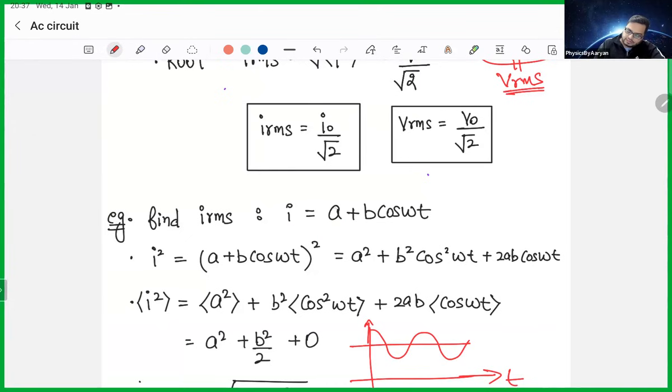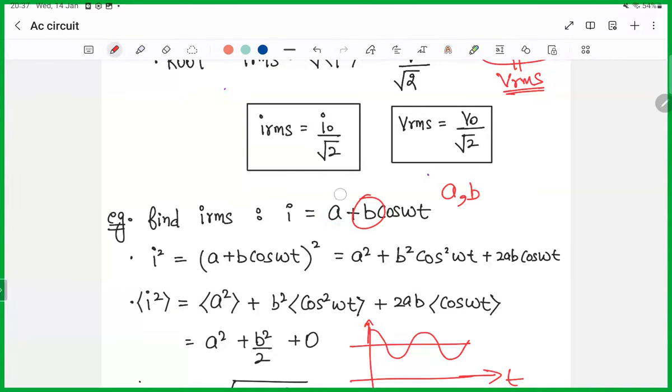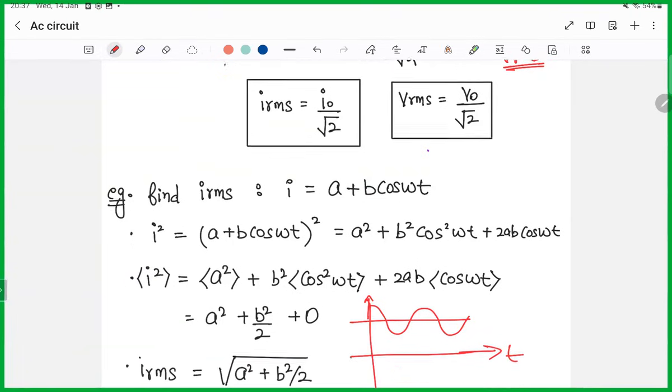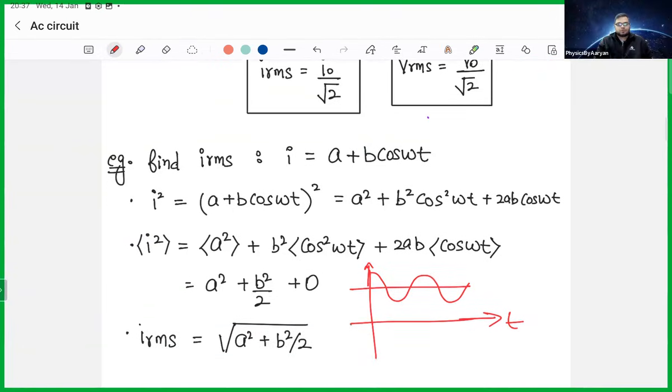What will the RMS value be? Will it depend upon A, or only upon B, or upon both A and B? A and B, both. I think it should depend upon both A and B, because if I give you this current, won't you get burnt because of this also? Yes. So both A and B should be there.